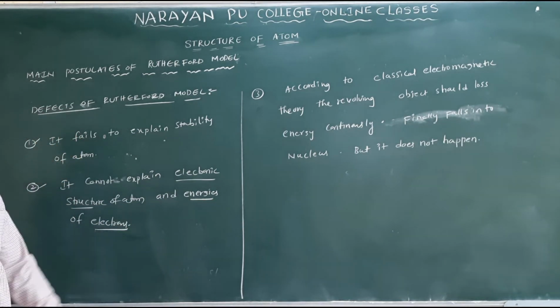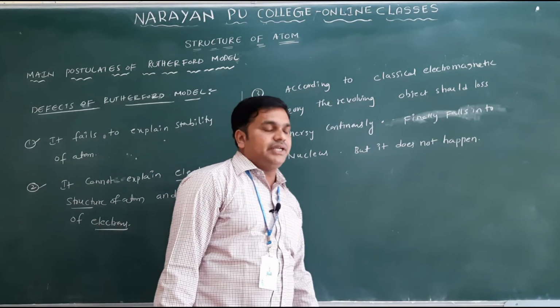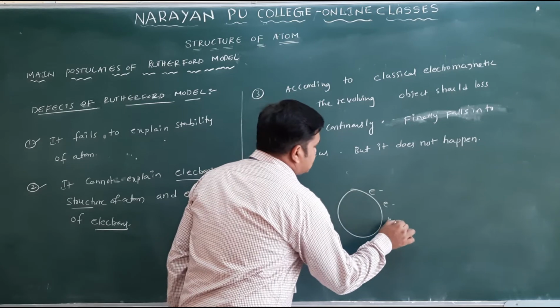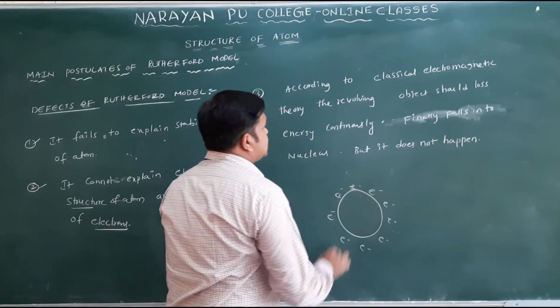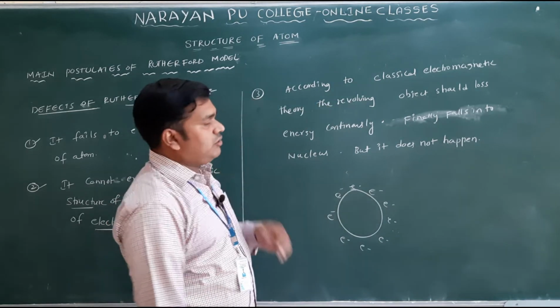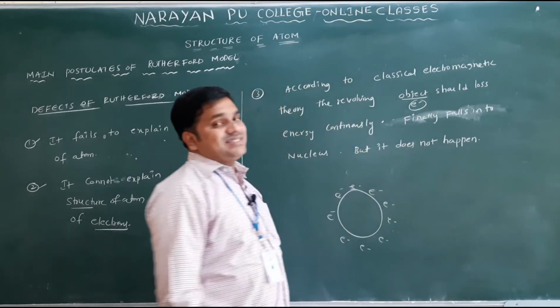The third point: according to the classical electromagnetic theory, suppose electrons are revolving like this. The revolving electron should lose energy continuously.